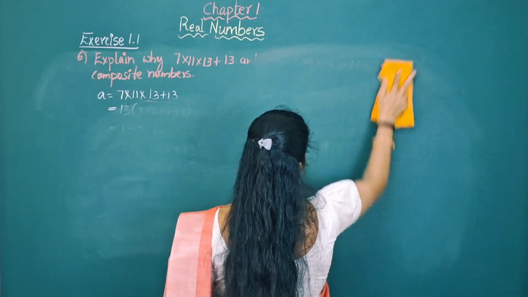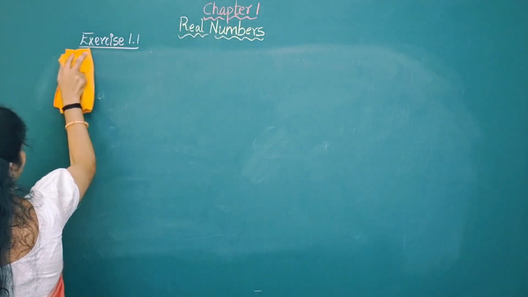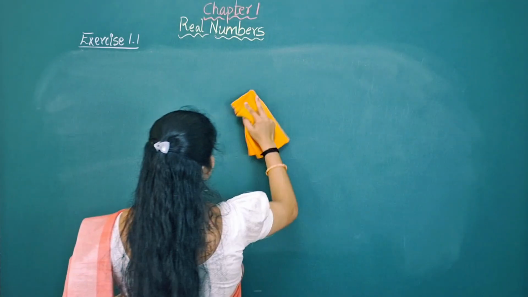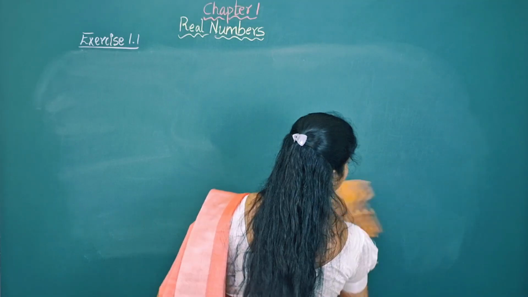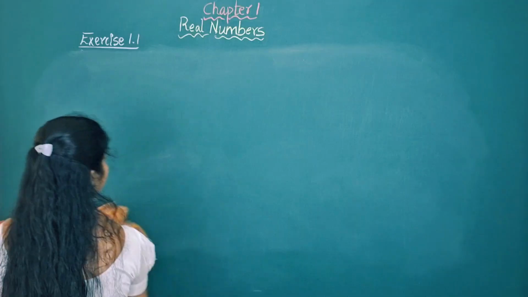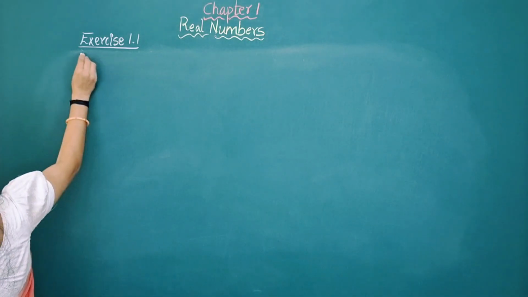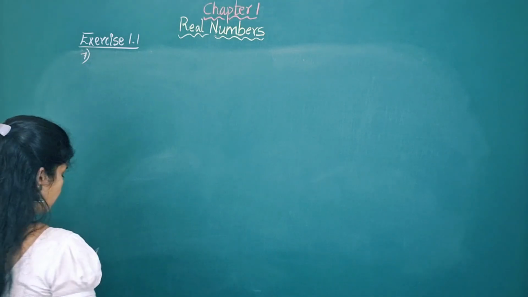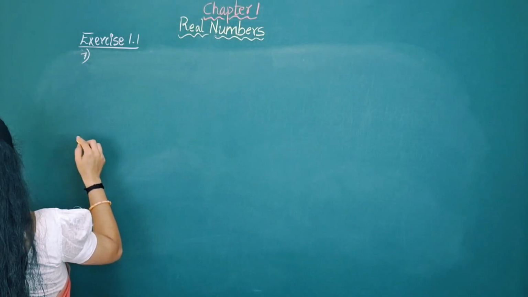So we have question number 7. There is a circular path around a sports field.